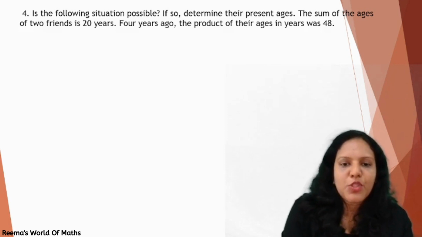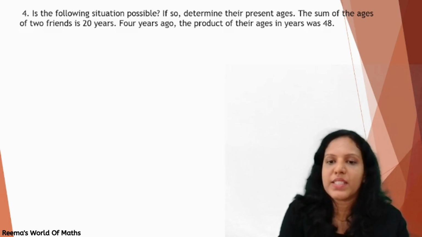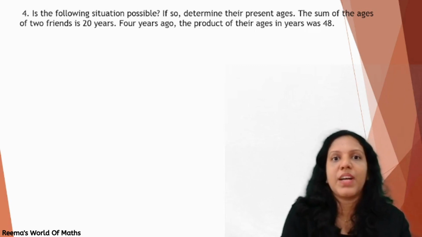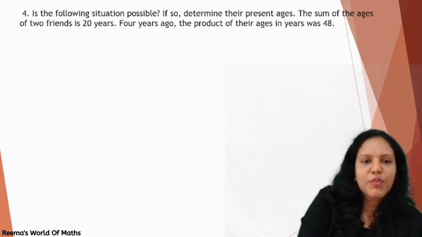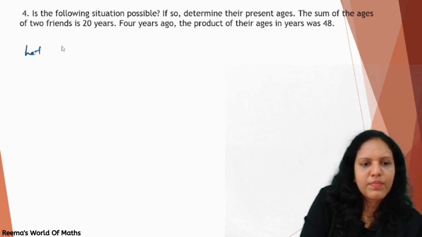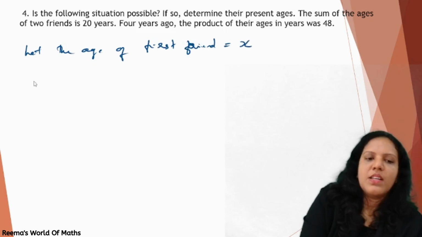We are given, if so, determine the present ages. If that is the case, we need to find the ages. So first we see the value of the discriminant and then we will find the nature of the roots. The sum of the ages of two friends is 20 years. So let the age of the first friend be x.